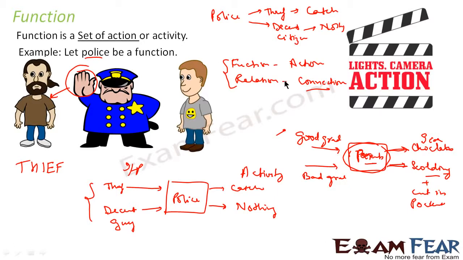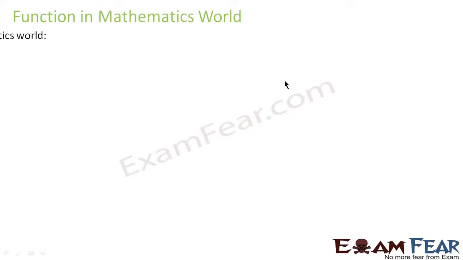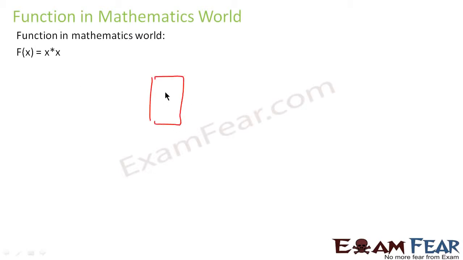Now let's understand function in the mathematical world. For example, this function f(x) is equal to x squared. So what will it do? This is a function called x squared. Here you will give input and here you will get output. If you give input as 1, it will say 1 into 1, that is 1.